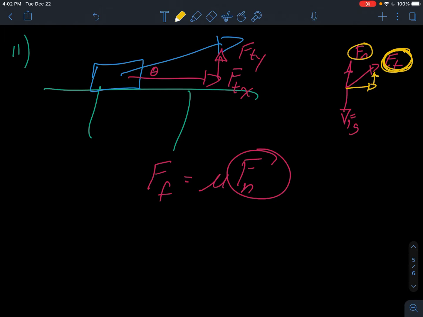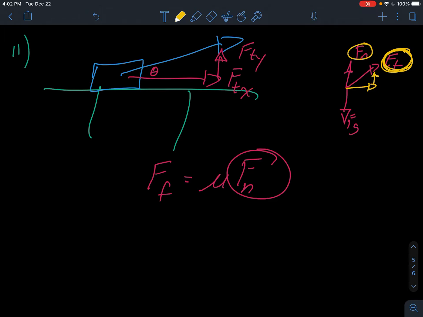So for part B of that, if there is friction, as you increase that angle, the acceleration will increase because you have less friction, but at some point it will start to decrease because of that whole X component.